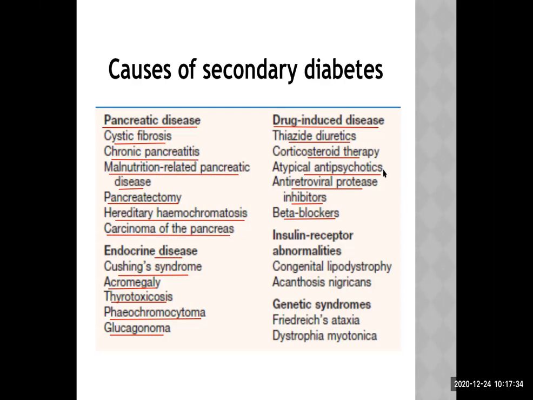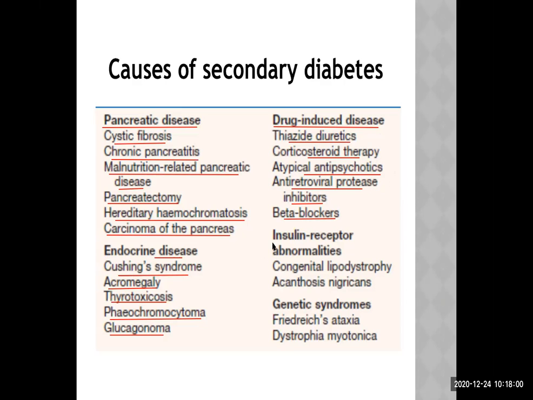Atypical antipsychotic, okay. Typical antipsychotic drugs like chlorpromazine, haloperidol, do not usually cause this type of side effect. The other types like clozapine, olanzapine, risperidone are the antipsychotic drugs which are called atypical ones. So they may cause hyperglycemia. Other things are quite easy for you.